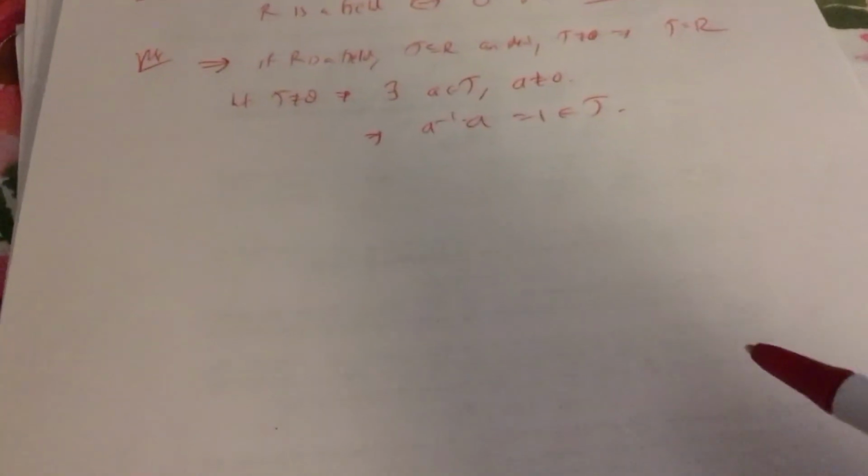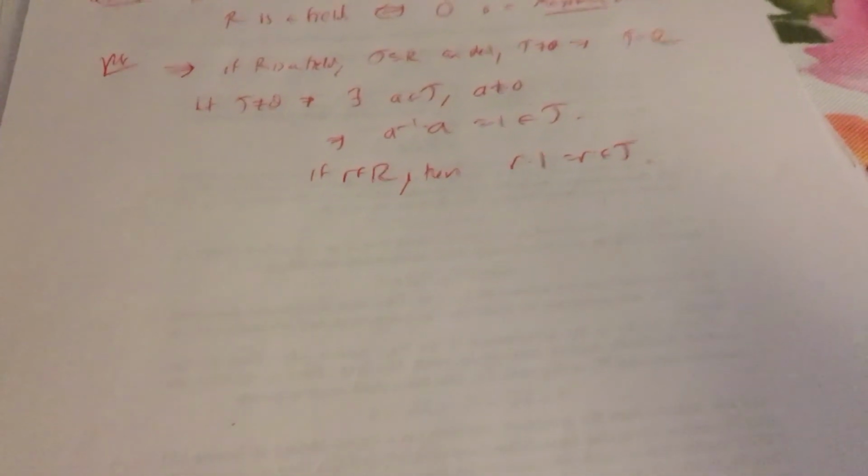Okay, so now we use that R is a field. Being a field means that every non-zero element has a multiplicative inverse, right? So this implies that a inverse times a, which is equal to 1, is in J, right? Because what's an ideal? It's something that's closed under left and right multiplication. It's a commutative ring, so left and right multiplication are the same thing. So this is telling you that the ideal contains 1.